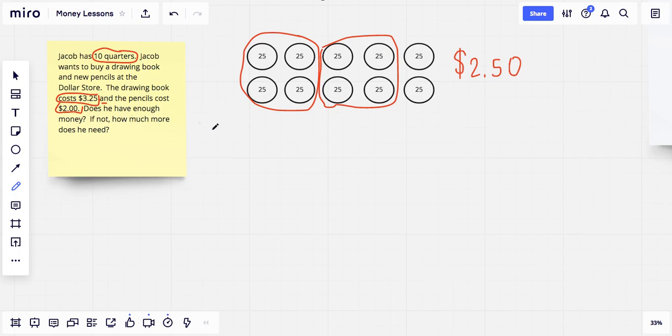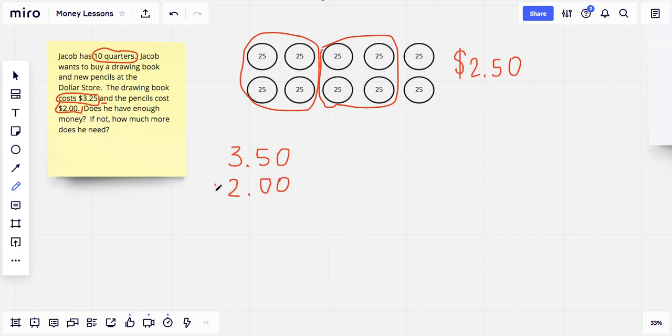In order to find out how much he needs, I need to find the total. So I'm going to take the $3.25 and I'm going to find out, well, how much does Jacob need? He has some of the money, but how much does he actually need? That should be a 0, my apologies.